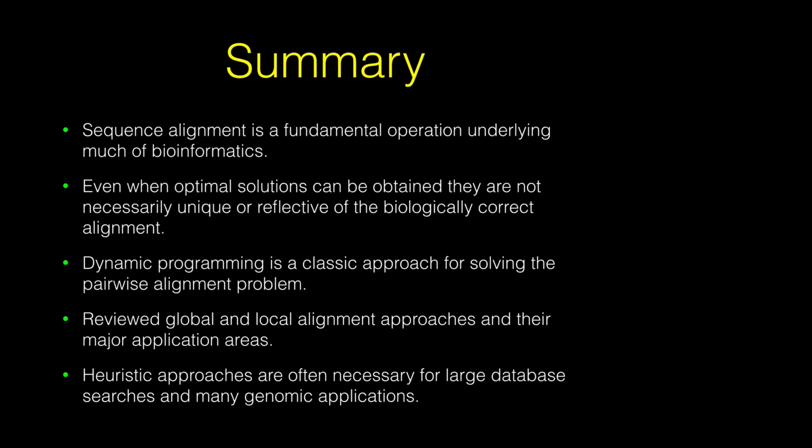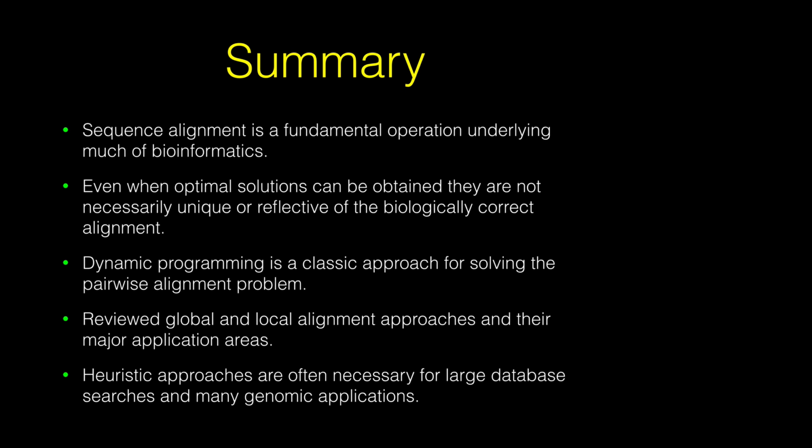So I'm going to finish here and summarize that we've covered how sequence alignment is a fundamental operation underlying much of bioinformatics. Even when optimal solutions can be obtained by these dynamic programming approaches, they're not necessarily unique or indeed reflective of the correct alignment, because we don't have a time machine, right, in most cases.